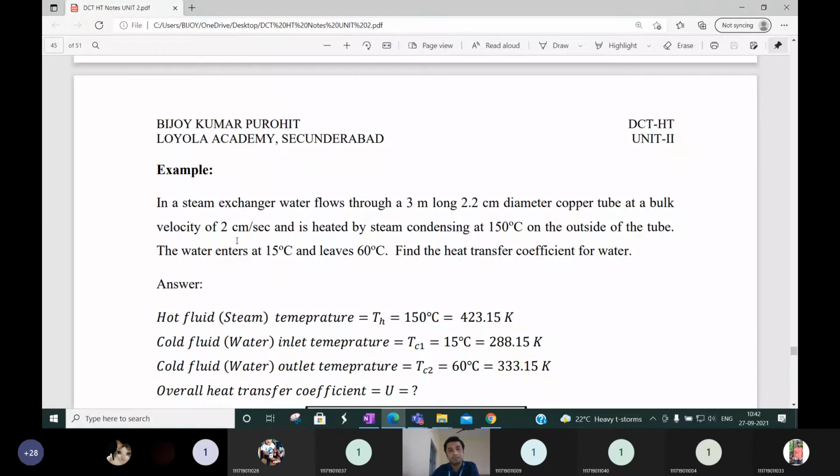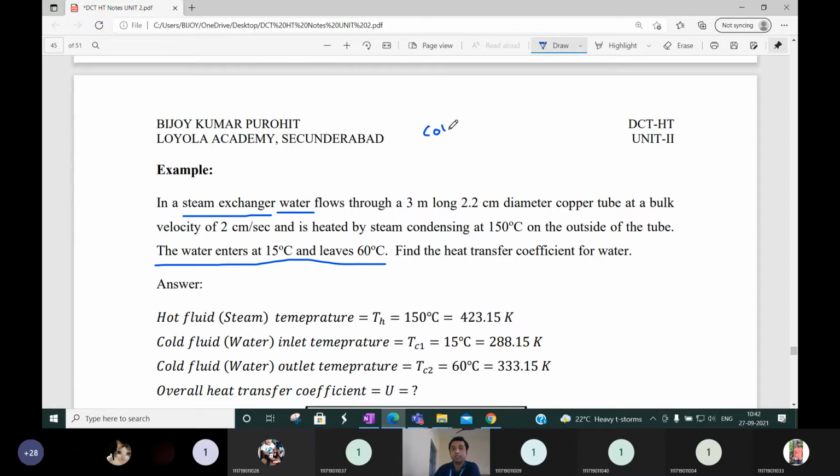Okay, simple. So in a steam exchanger, water flows through a 3 meter tube. So it is a heat exchanger. In a heat exchanger we know two things. First thing is water, and this water enters at 15 degrees centigrade and leaves at 60 degrees centigrade. It means it is heating, so we can say it is the cold fluid.